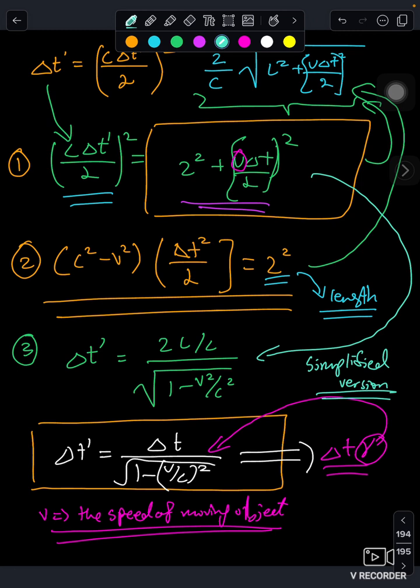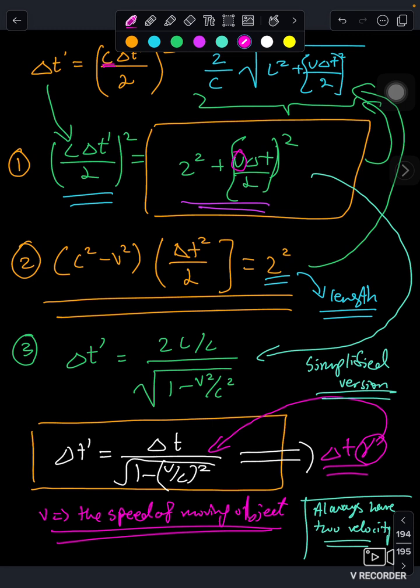And one more thing, whenever we are talking about time dilation, we will always have two velocities. Always have two velocities. What I mean by two velocities? One, speed of light.